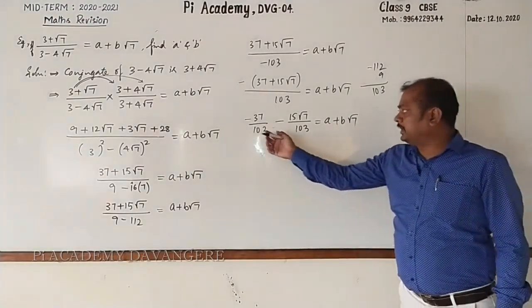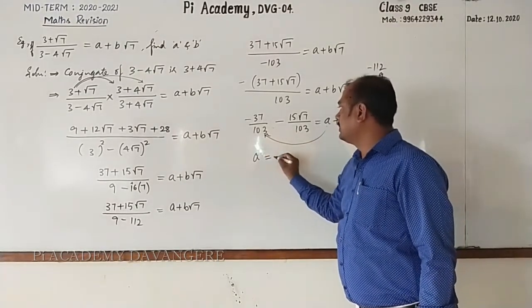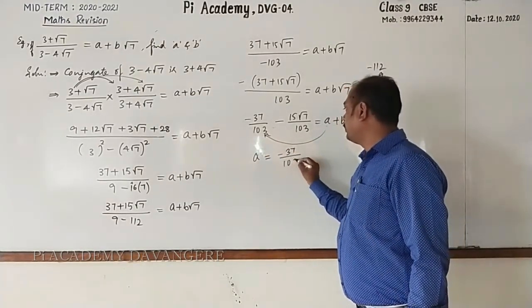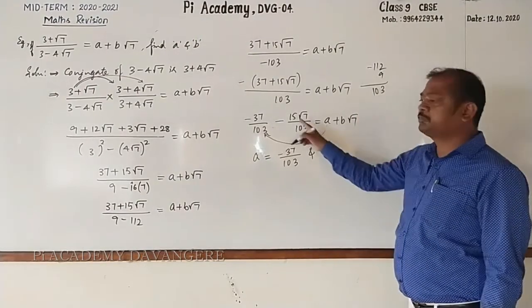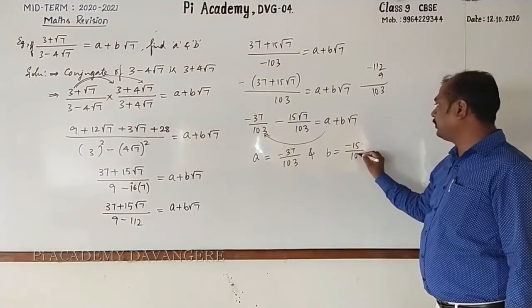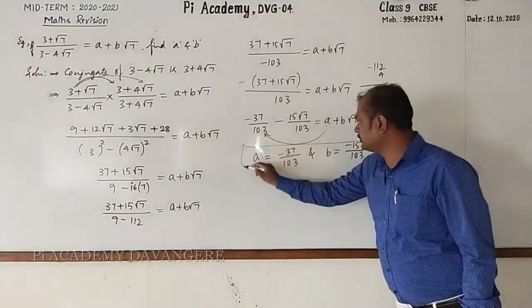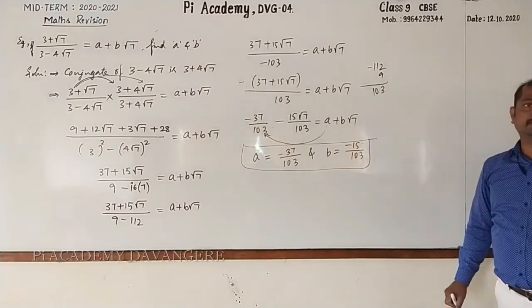Now compare the coefficients. What is in place of A? It is minus 37 by 103, and in place of B we have minus 15 by 103. Root 7 is there. You have to leave that as it is. These are the values of A and B.